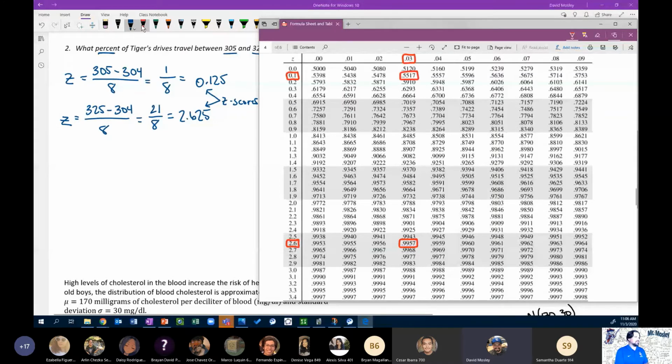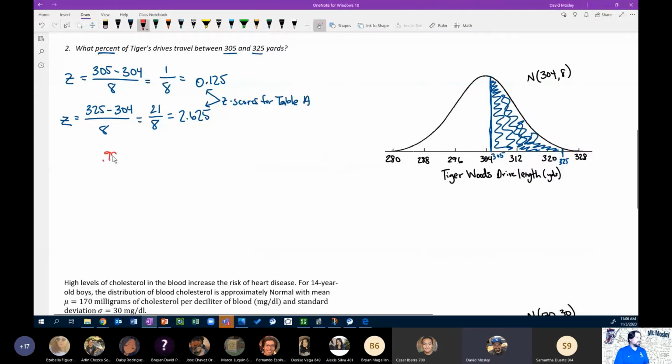So that will be 0.9957 minus 0.5517, which gets me 0.444, or 44.4%.